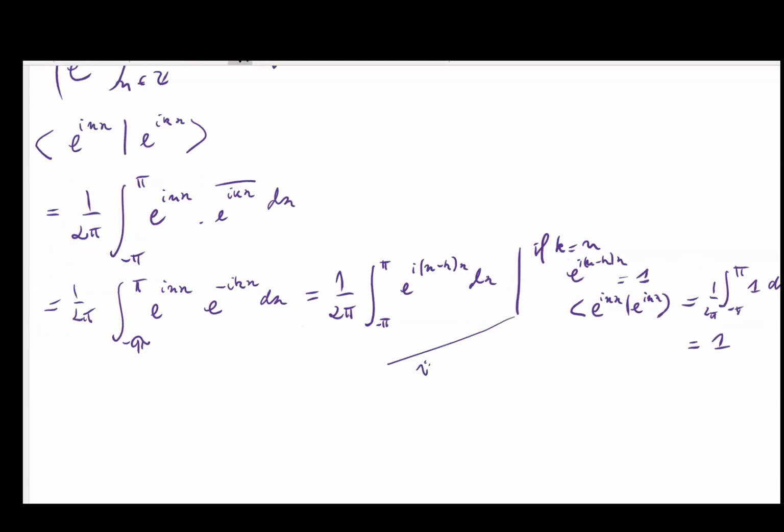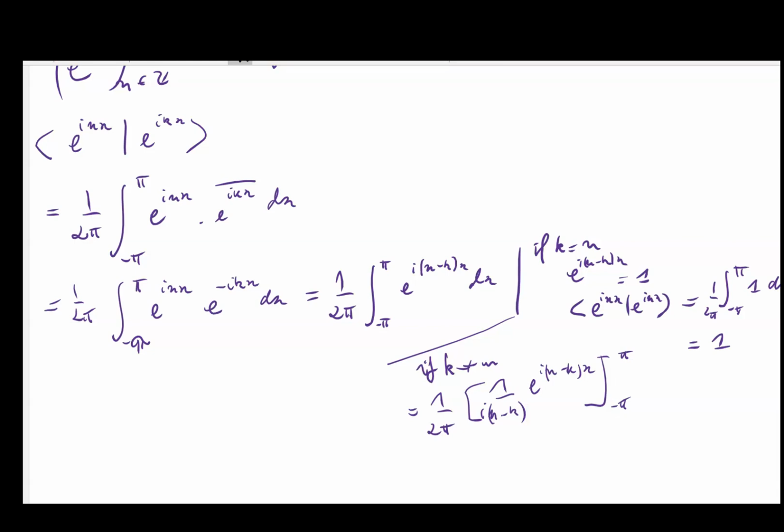If k is different from n, I'm just doing the integration, and you know that's one of the functions we integrated not so long ago, like last week. So that's going to be 1 over i(n-k), which is supposed to be different from 0, times e^(i(n-k)x) between negative pi and pi. And what do we get?